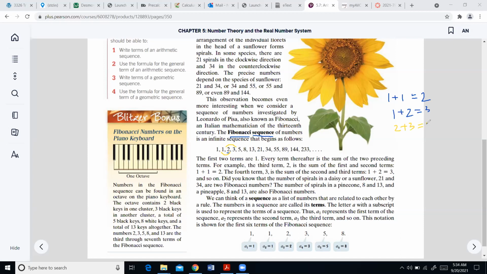So he would always add 2 previous numbers and produce the next, and the next, and so forth. If you add 3 with 5, you get 8. When you add 5 and 8, you get 13. You see how it's produced? 8 and 13 is 21. 13 and 21 is 34. So you can do this forever. And that's what they're saying by placing dot, dot, dot. So this is the so-called Fibonacci sequence.